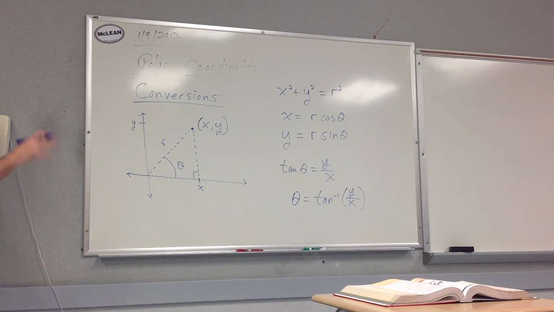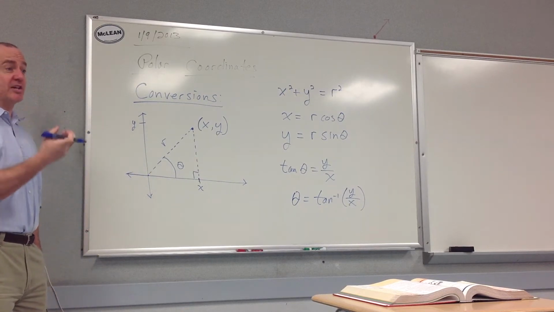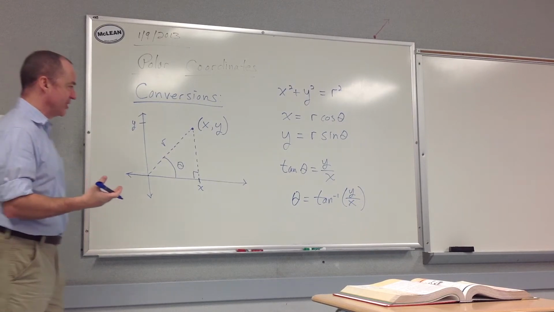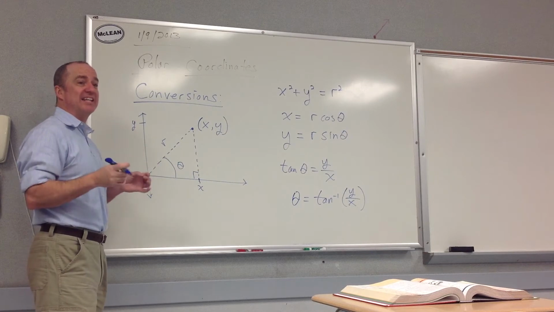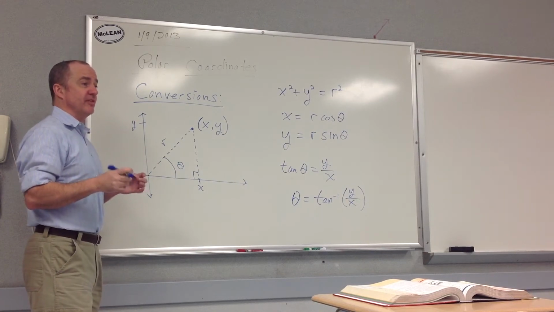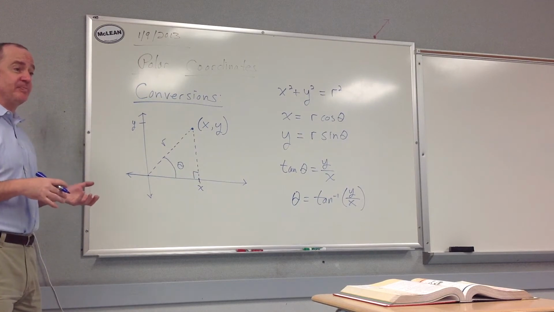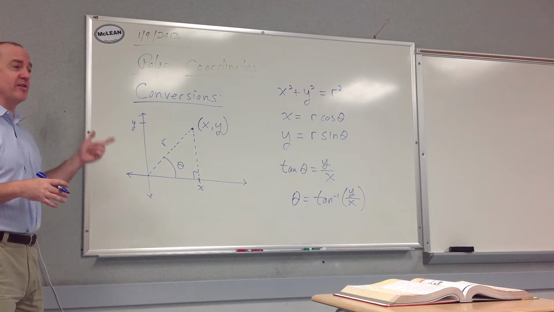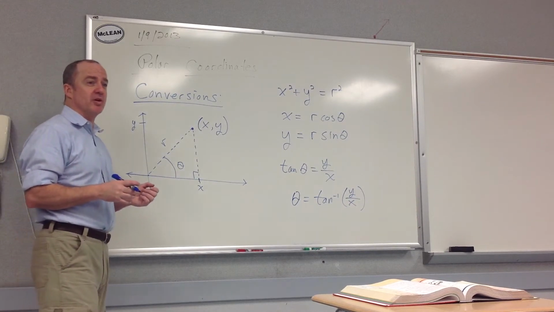Now, in the homework tonight, there's a mix of problems. Here are my directions for the homework, and for the next few exams on this. If it is reasonably possible to get an exact answer, you have to give me the exact answer. In other words, if you're dealing with a sine of 30, 45, or 60, I'm going to want to see a root 3 over 2 or a root 2 over 2, not a decimal.